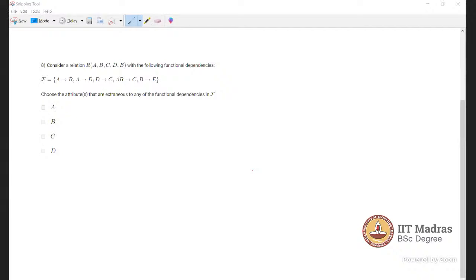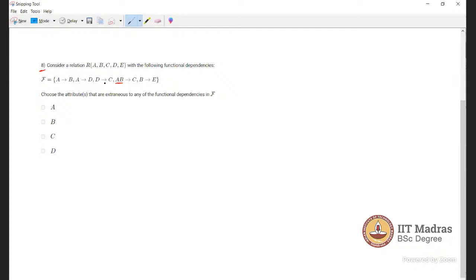Can you tell me your approach? How did you solve this question? Sir, I cross-checked with all the attributes, removing the attributes and checking whether the functional dependency is preserved or not.